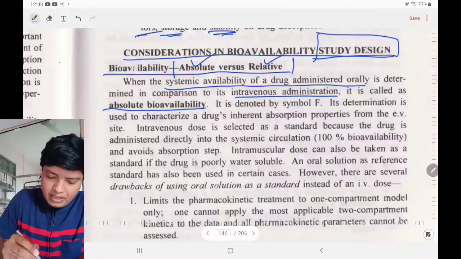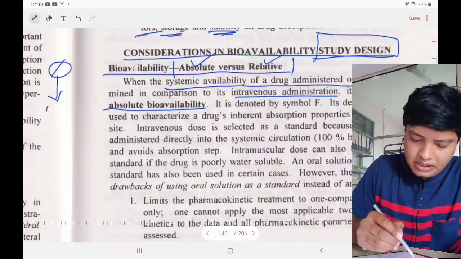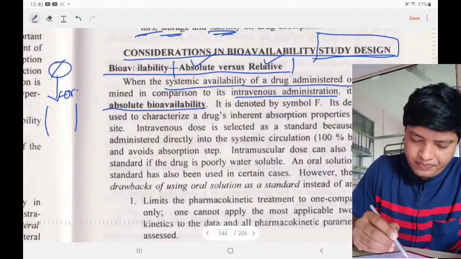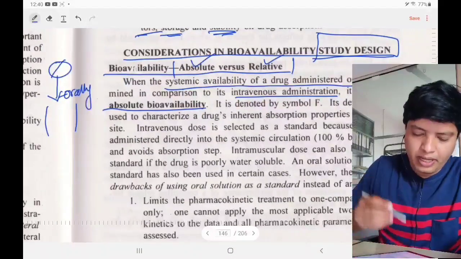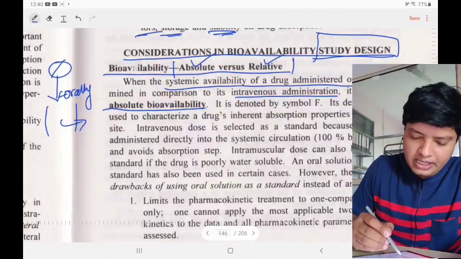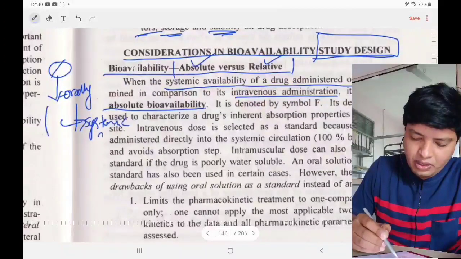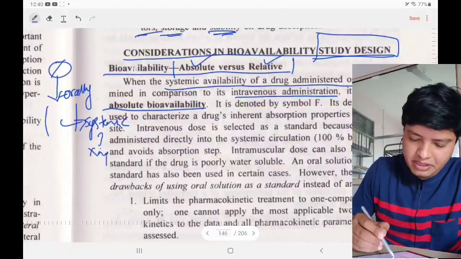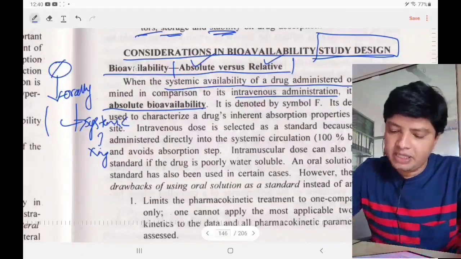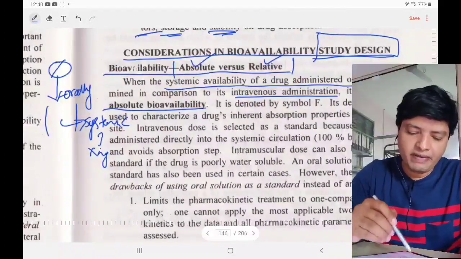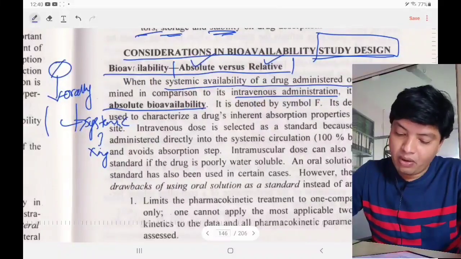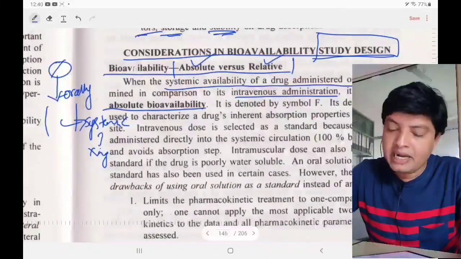Let us say I have a dosage form, and I administer this dosage form orally, and I measure how much drug is available in systemic circulation. X mg is available. When this X mg of drug, given orally, is compared to intravenous administration.